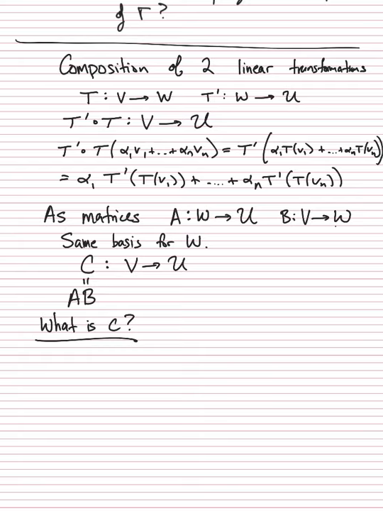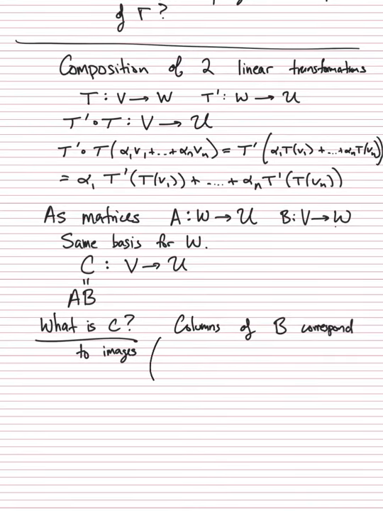So what is B? Okay, so the columns of B correspond to the images of a basis for V. So maybe I'll say to the images T of Vi. Okay?